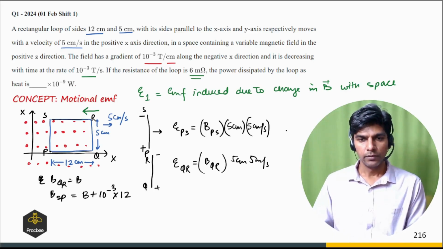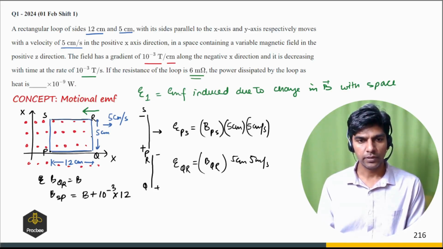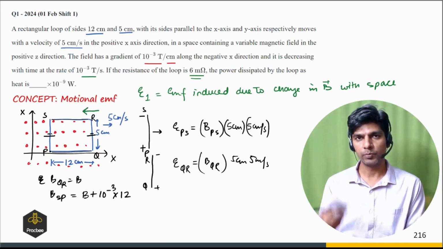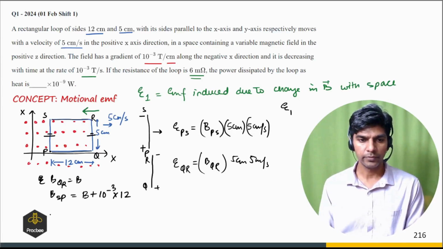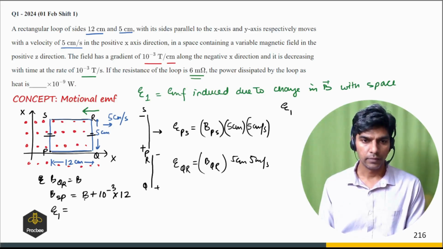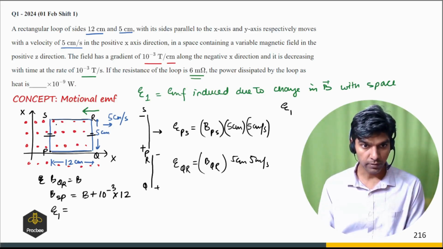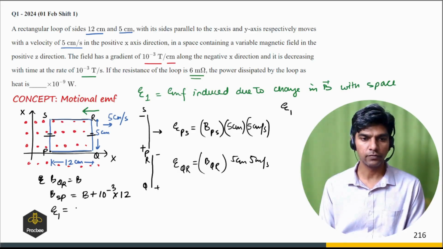Okay, now since these two EMFs have opposing polarity, here we have EMF polarity like this, here we have EMF polarity like this, and these two EMFs are opposing each other. So E1 will be, and which will be stronger? The left one will be stronger. So it will be EPS minus EQR.